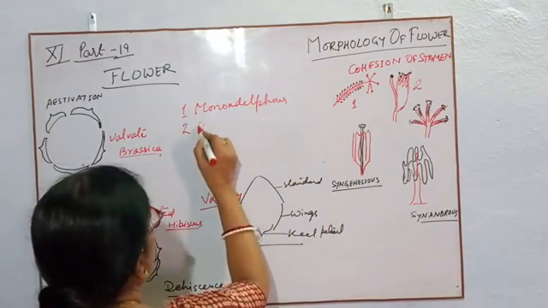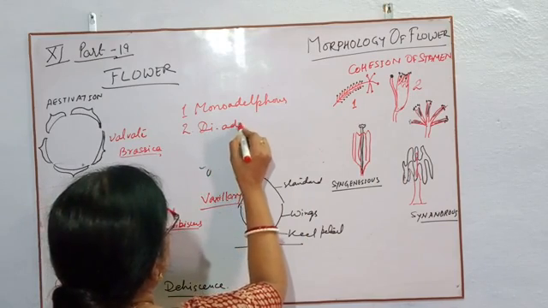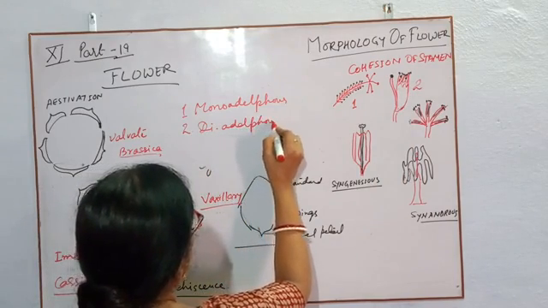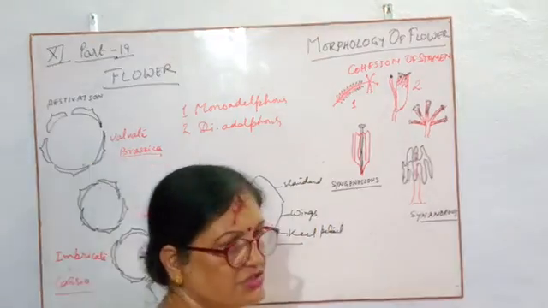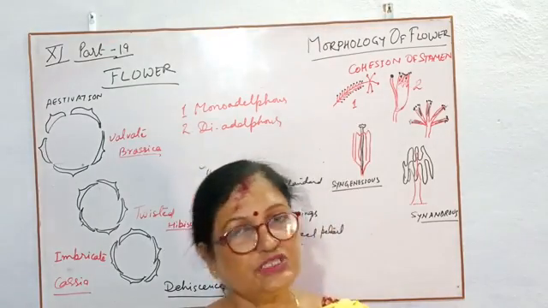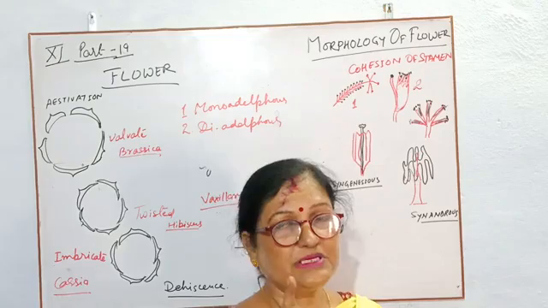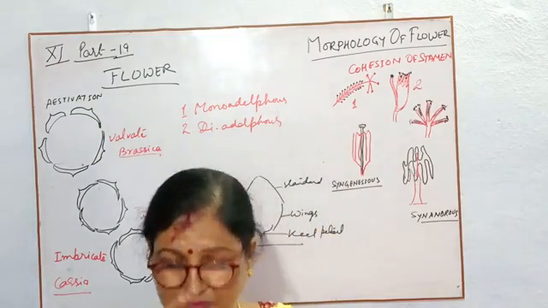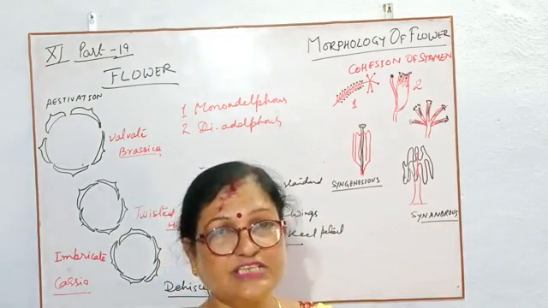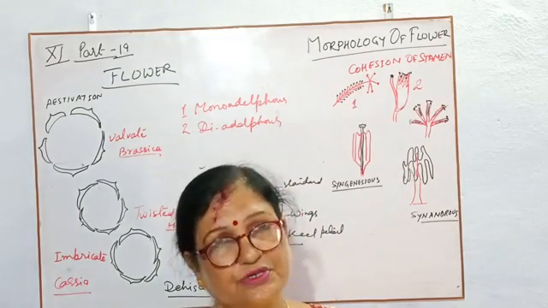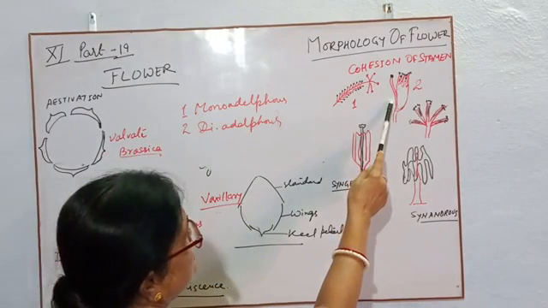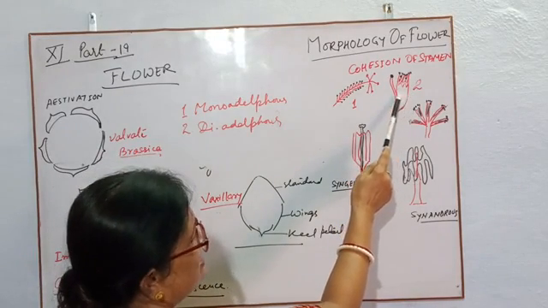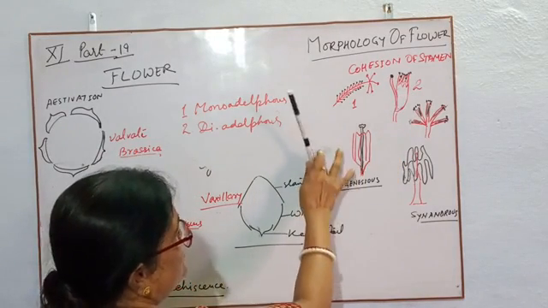Now, number 2 is known as diadelphous. As children you know, di means 2. When the stamens are arranged or bundled in 2 sets or in 2 groups, then it is known as diadelphous. This is the structure which is drawn here.